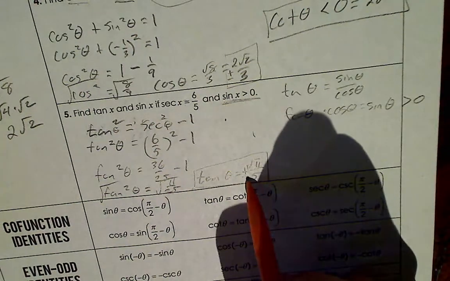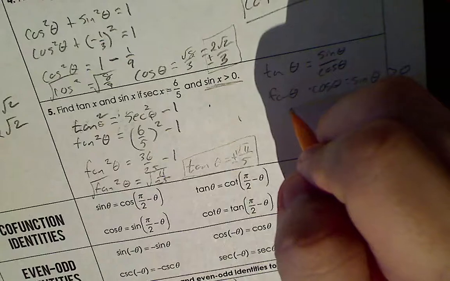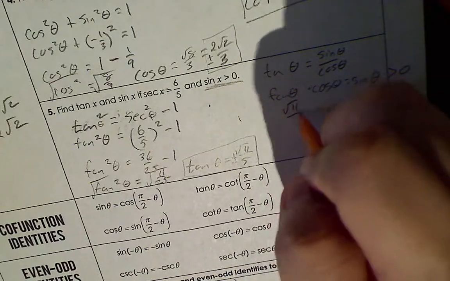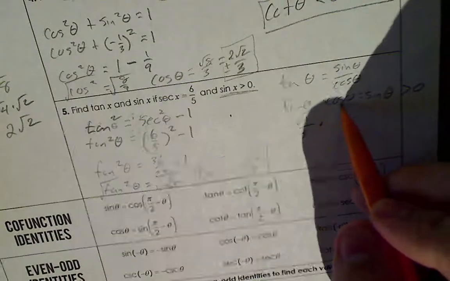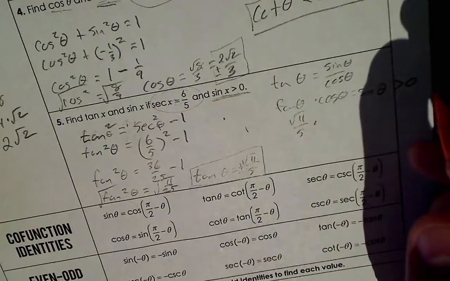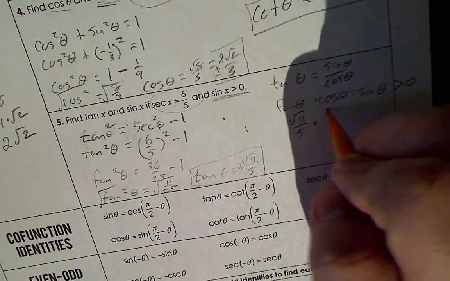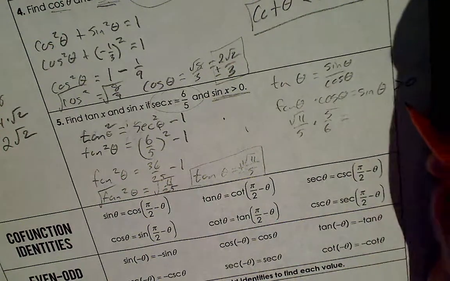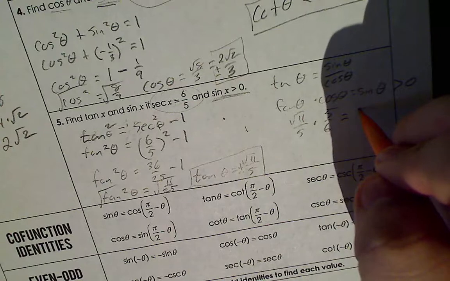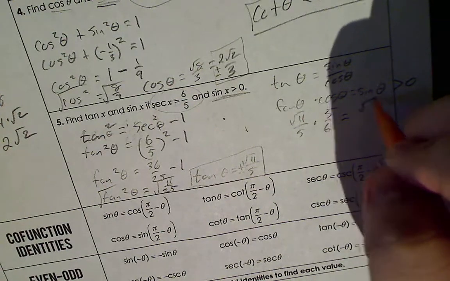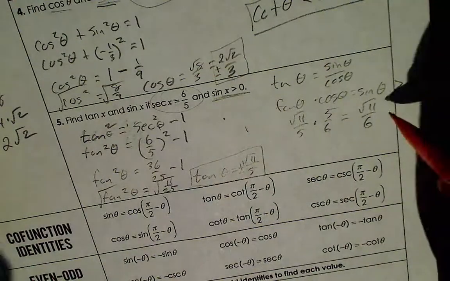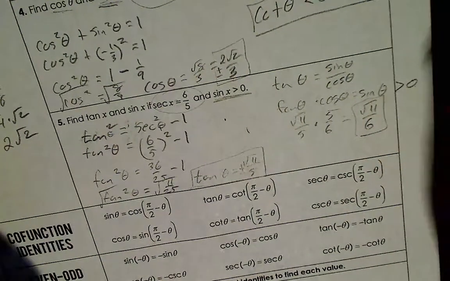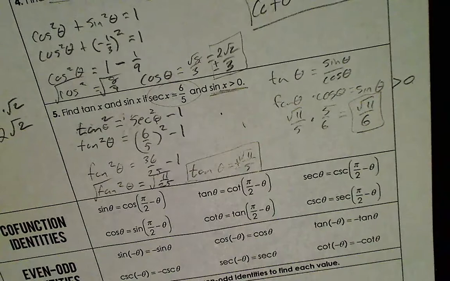So right here, when I have the plus and minus, I want to make sure I use the positive part of this. So square root of 11 over 5 times my cosine. This is secant. Cosine is a reciprocal of that, which is going to be 5 over 6. So that's going to give me root 11. Make sure I did that right. Yeah, root 11 over 6 for sine of theta, which is greater than 0. So I just wanted to be sure that that was going to happen the way I did this.